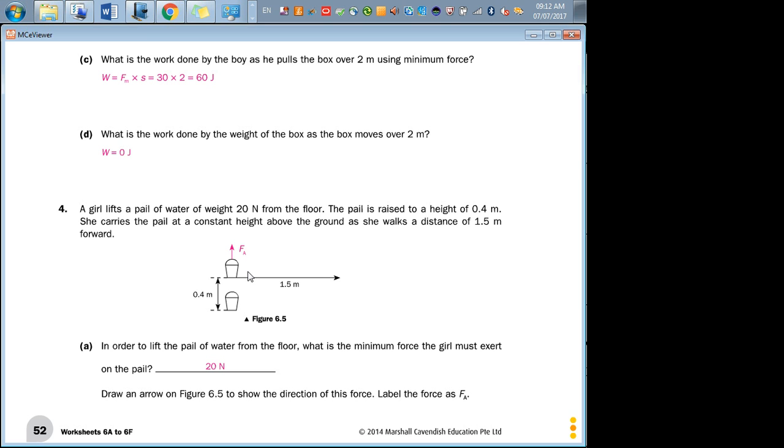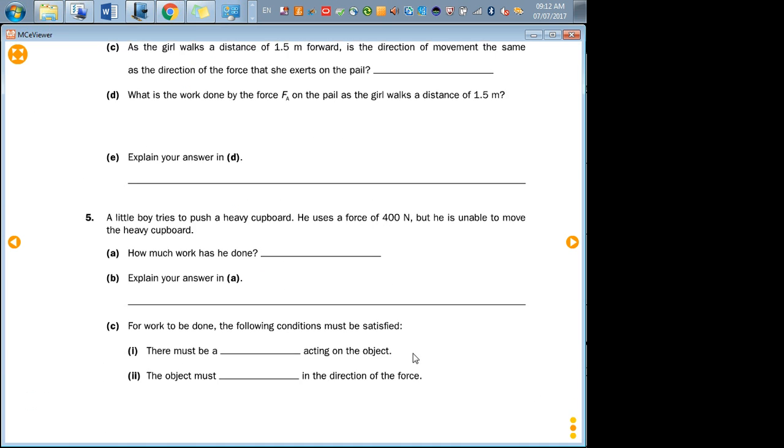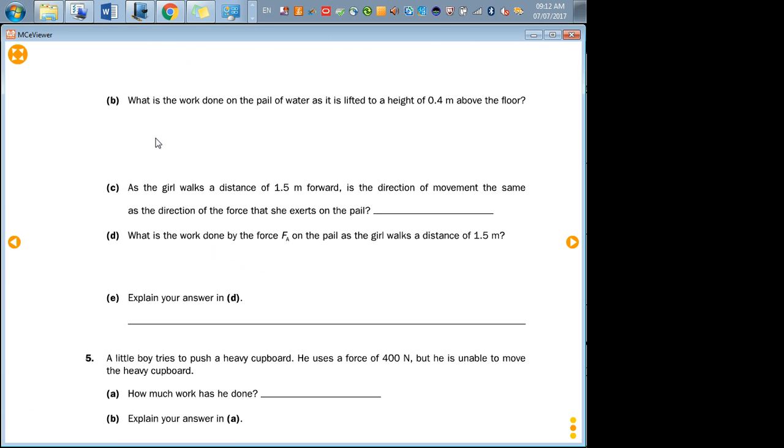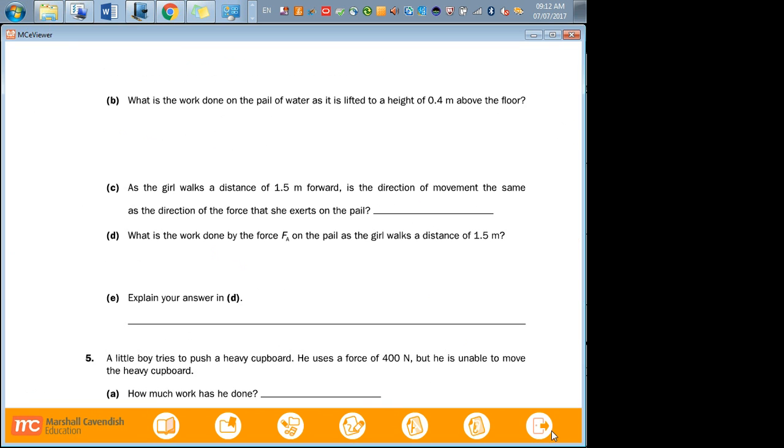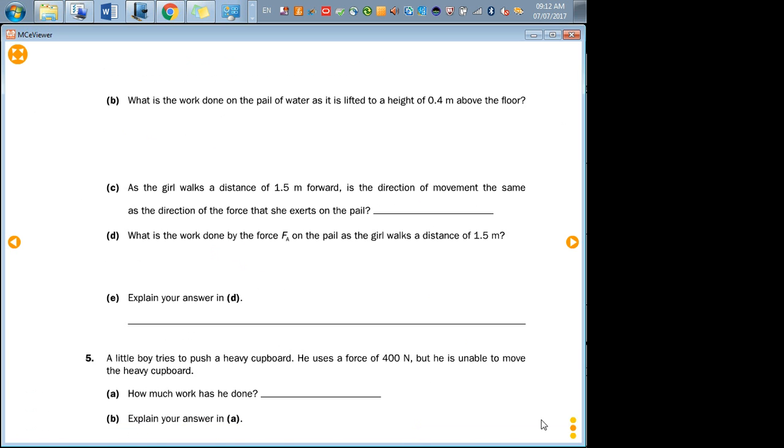So what's the work done? Force times distance moved in the direction of force. So how much is it? Work done will be 20 times 0.4. Okay? 20 times 0.4, you get 8 joules.